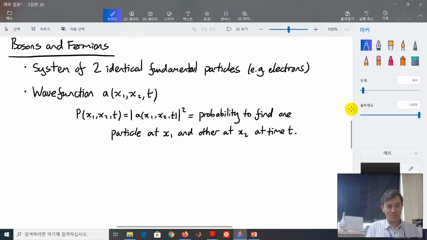Now we come to an important property of these fundamental particles, which is that they are identical in an absolute sense. If you have two electrons at a certain point in time, and then you go away and come back to the same system and look again at a second point in time, you see two electrons again, but you can't tell which electron is which. There's no way to distinguish one electron from another. They are exactly the same in every respect, and this is true of all the fundamental particles.